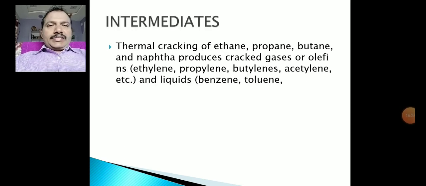Now, let us see the intermediates. The thermal cracking of ethane, propane, butane, and naphtha produces cracked gases or olefins, that is ethylene, propylene, butylene, acetylene, etc., and liquids such as benzene and toluene.